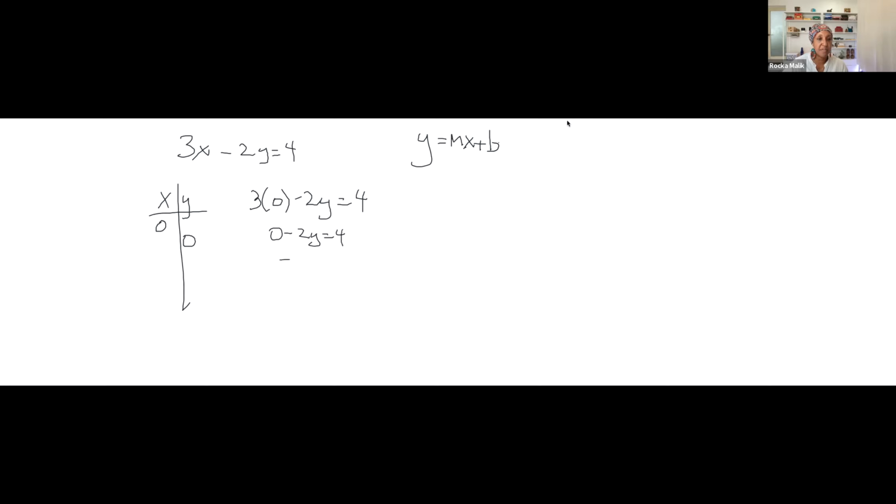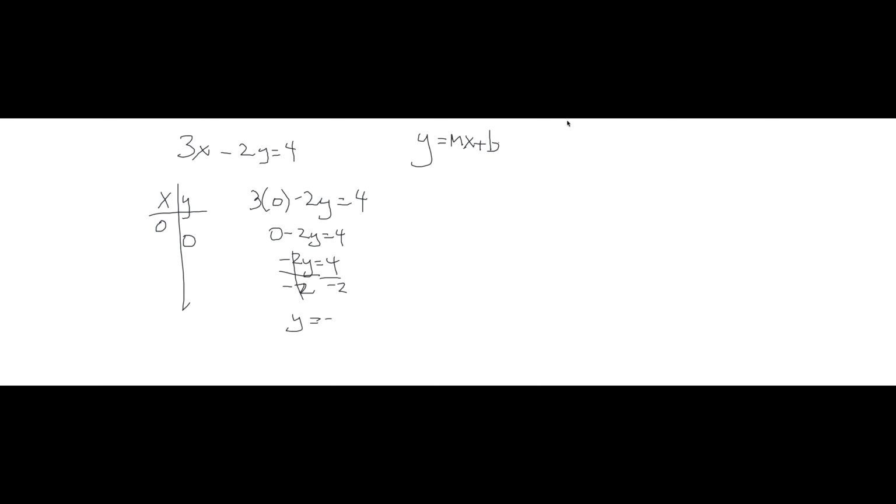That leaves me with negative 2y equals 4. Divide by minus 2. I get y equals negative 2. So that's 1 point: 0, negative 2.